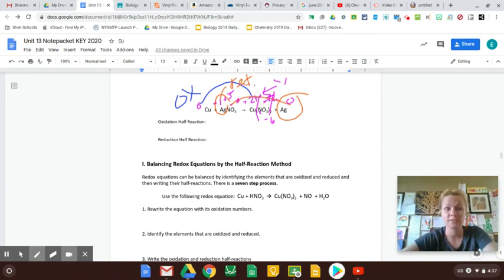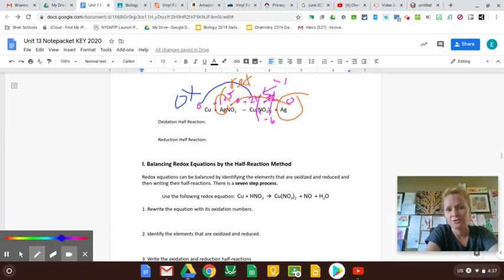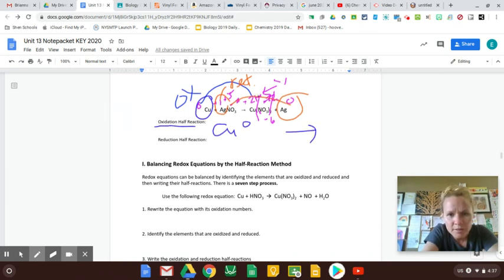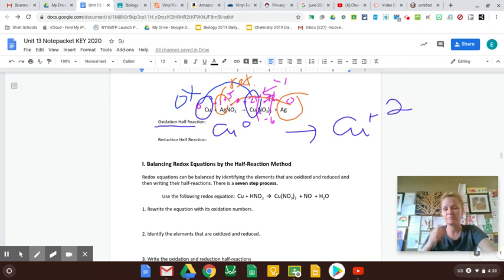All right, so let's now write our half reactions. I'm just going to tell the story of what I figured out about who got oxidized, again Cu. Once upon a time, Cu was 0, and then it became over here a +2. So it's really just finding all your little charges, figuring out who got oxidized and reduced, and then writing it out in a little equation that only shows that one thing.